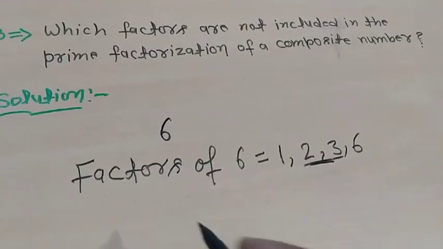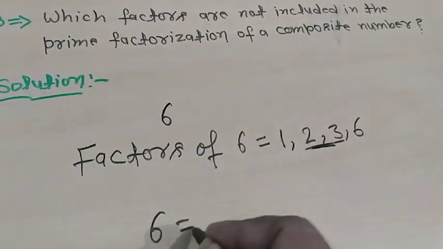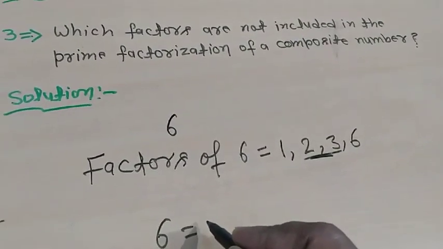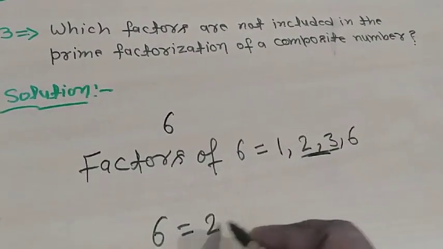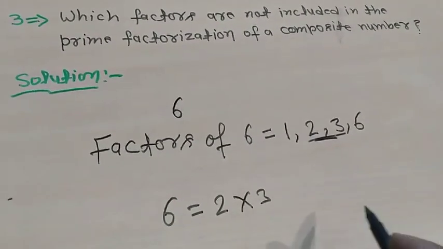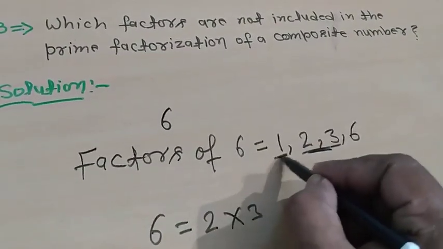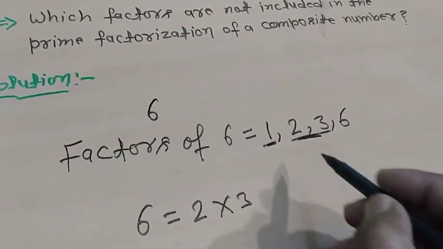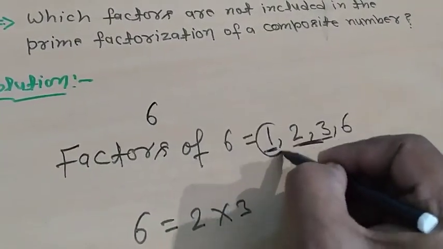Okay, so what is the factorization of 6 in the form of prime numbers? You can write it 2 into 3. Okay, so you can see here 1 is not included, because 1 is not a prime number but is a factor of 6.